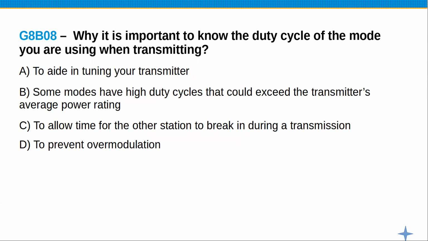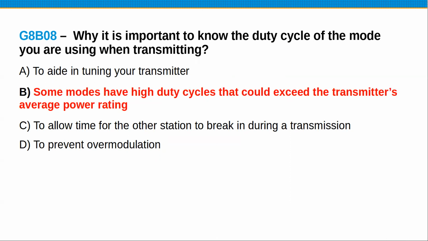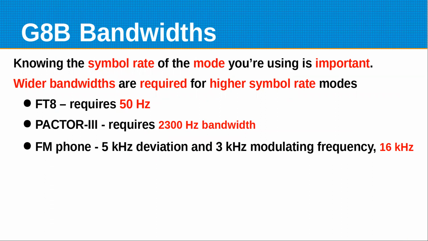So why is it important to know the duty cycle of the mode you're using when transmitting? You kind of need to know the symbol rate of the mode you're using. And this really applies to digital modes where what you're sending, as we call symbols, may represent more than one state of information.